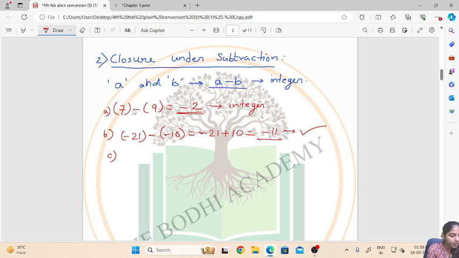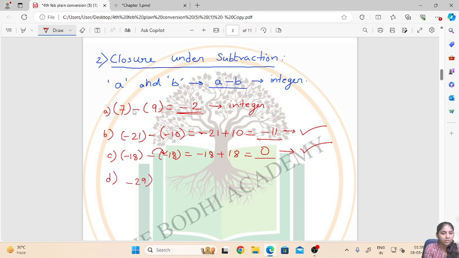Then third example, we have minus 18 minus minus 18. So here what will happen? This minus minus will become plus 18. So minus 18 plus 18 will get cancelled and we will get the answer as 0. So is 0 an integer? It is an integer. Then another example is minus 29 minus 0. Here also we will get the answer as minus 29, which is an integer.